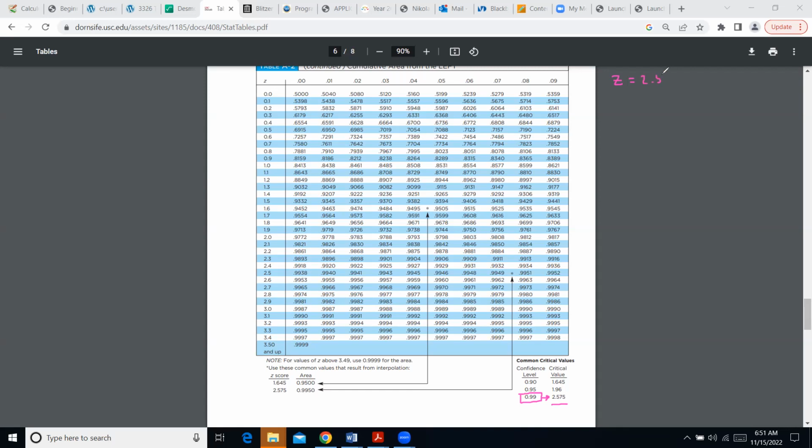It turns out that there are three standard levels of confidence at which we're trying to estimate the population mean, so the average for the entire population.